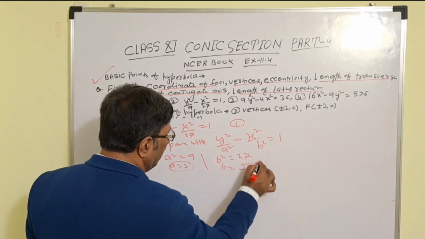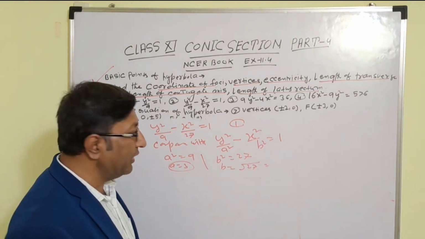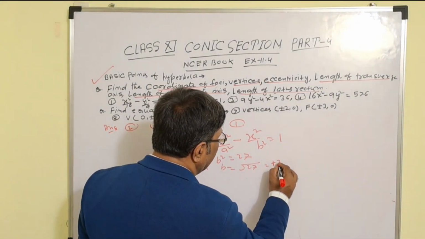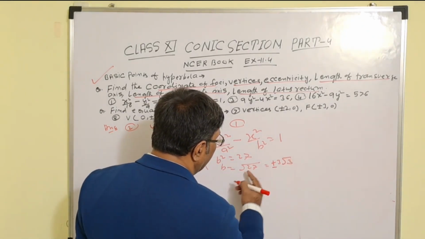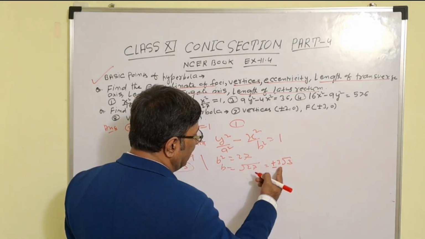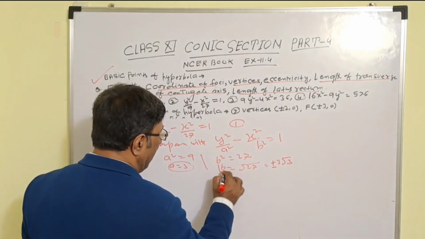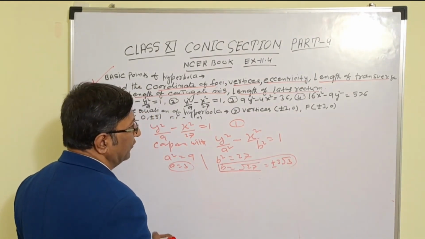So b equal to square root of 27. So you know 9 3s are 27. So this is root 9 into root 3. So this is 3 root 3. So b is what? Plus minus 3 root 3. Okay, or you can say 3 root 3.